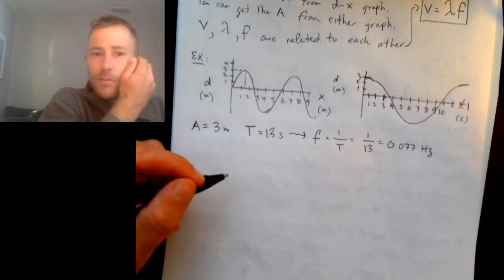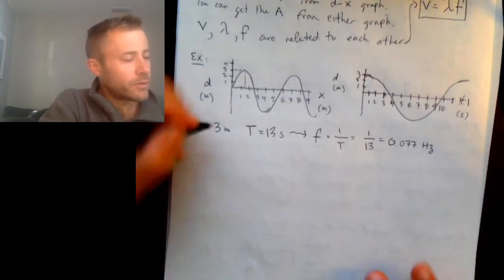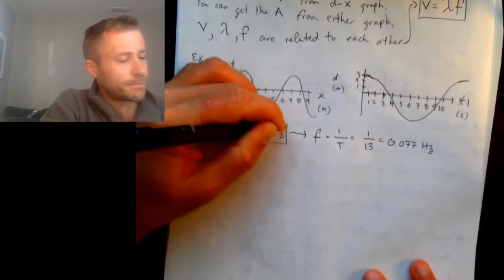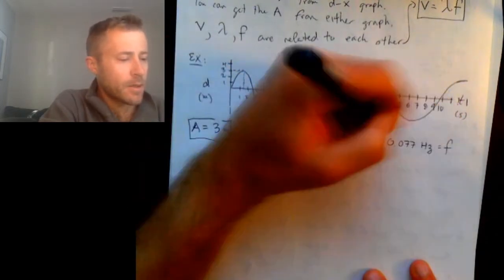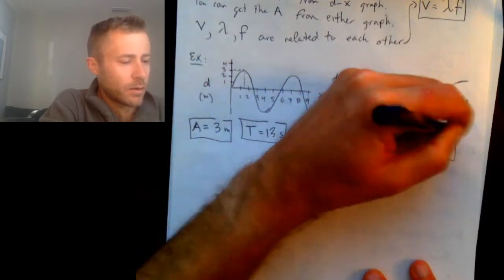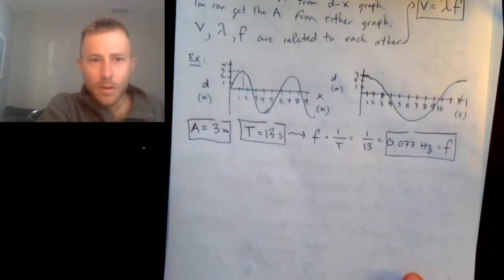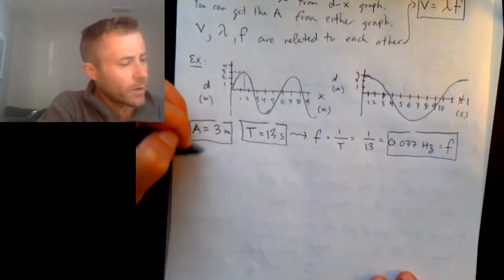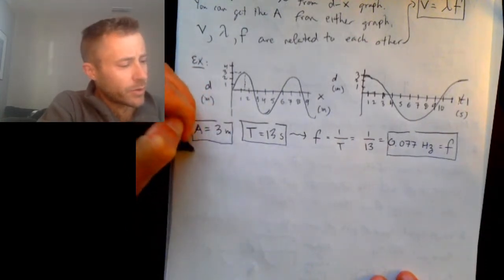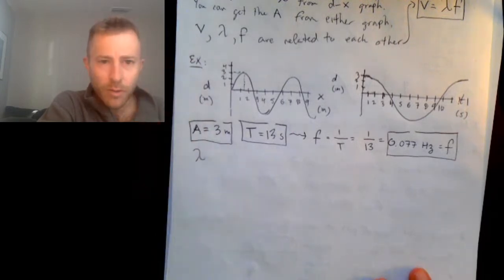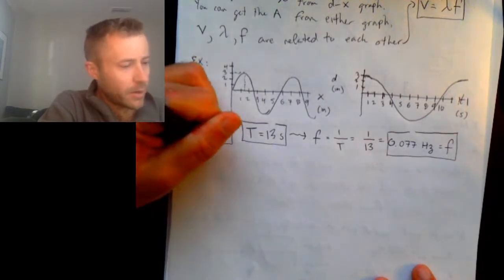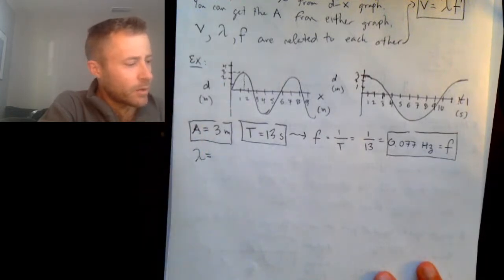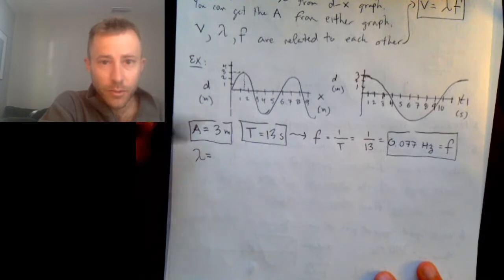Let me box these in. The next natural thing to calculate is the wavelength. And the wavelength is the space between peaks.